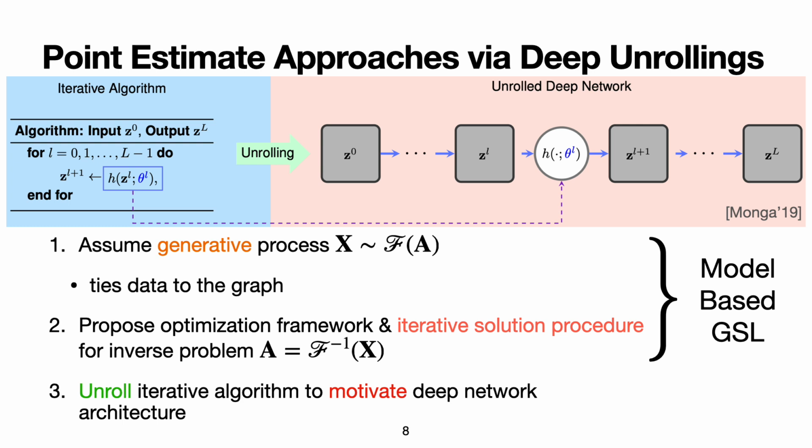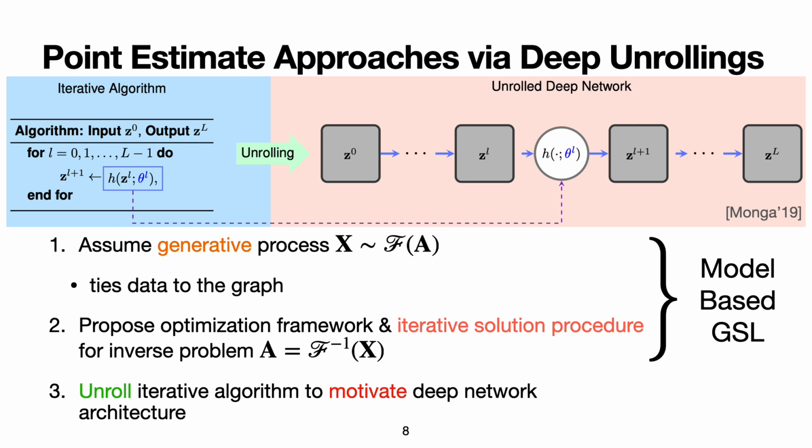The second is we propose some optimization framework and some iterative solution procedure for the inverse problem, recovering the graph from our signals. Note that these first two steps we've already done; this is the model-based graph structure learning approach. Our DPG iterations recover our graph structure from our node signals. And finally, we unroll the iterative algorithm to motivate the deep network architecture.